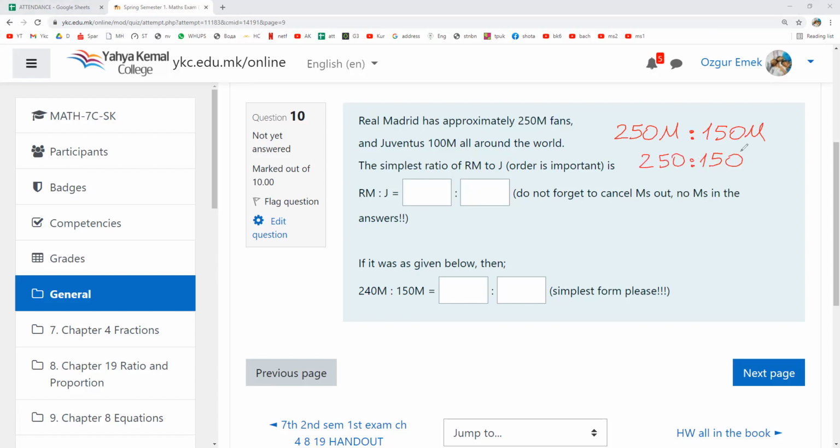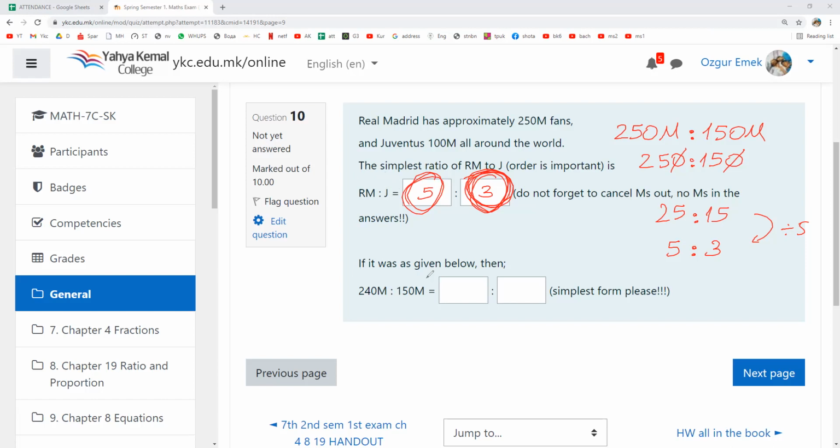Cancel out zeros, 25 to 15. And now each is divisible by 5. So divide each by 5. We get 5 to 3 after dividing each by 5. So 5 to 3. So for every 3 Juventus fans, we'll have 5 people for Real Madrid.